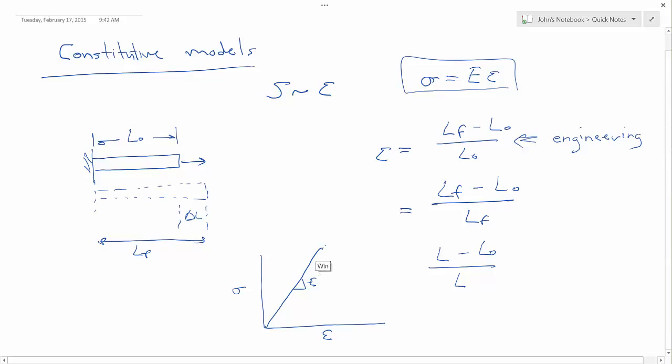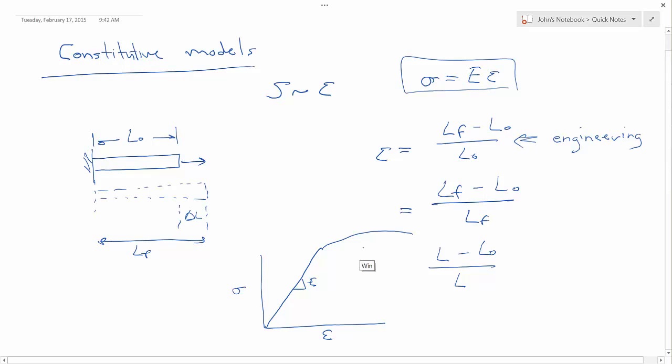But a lot of materials will deform considerably after that. They're not linear elastic anymore, including rocks when they're under pressure, which exhibit a lot of deformation past this linear elastic region.